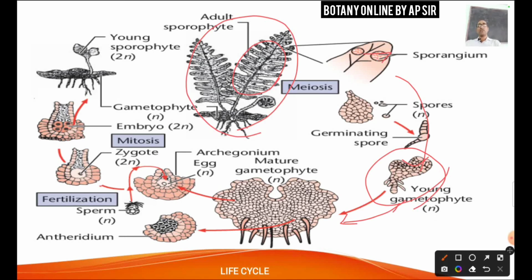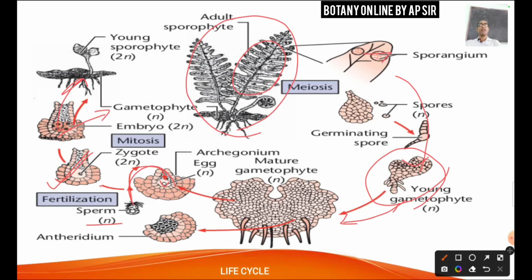Inside an antheridium there are antherozoids, or sperm, which fuse with the egg present inside the archegonium. Fusion, which is otherwise known as fertilization, results in the formation of the zygote. The zygote gives rise to the embryo, and the embryo further develops to form a young sporophyte.